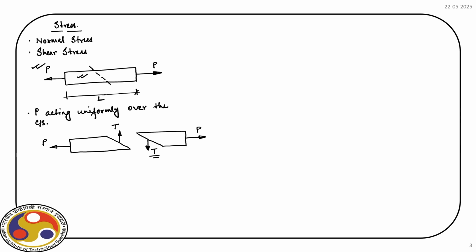Now, if we consider a small element here, and study the component of stresses acting on this section. So, this plane will be defined by the normal. So, this is the normal. Obviously, we can resolve this T along this normal and perpendicular to the normal.